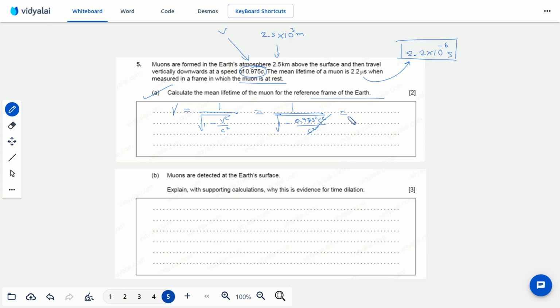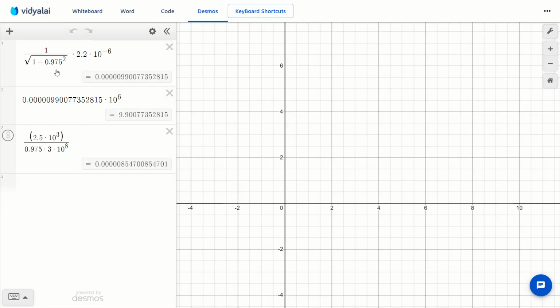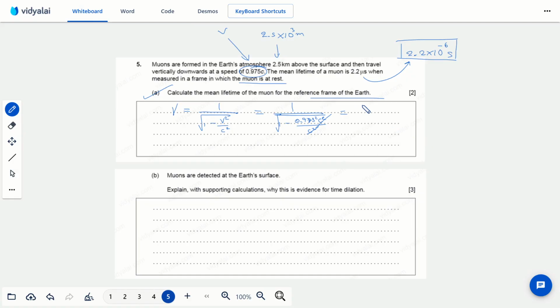C squared gets cancelled out, and what remains is this. So I have done the calculations here, and it comes out to be 4.5 approximately. I'm just keeping two significant figures after the calculations. Okay, so let's make use of this gamma factor now.